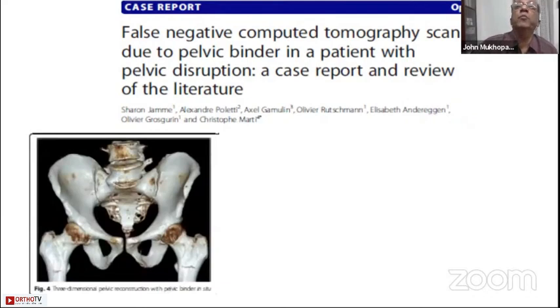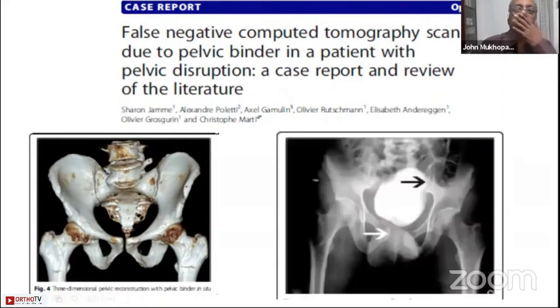So this is a case report where a patient had CT scans, the X-rays were normal, and they actually felt there was no significant pelvic injury till about 2 days later when the binder was taken off and the patient started complaining, and they did an X-ray without the binder, and you can see there's an opening out of the symphysis here, and posteriorly there's opening out of the SI joint as well on the anterior side. So it was a grade B type of injury which they would have missed if they hadn't done the X-ray without the binder.